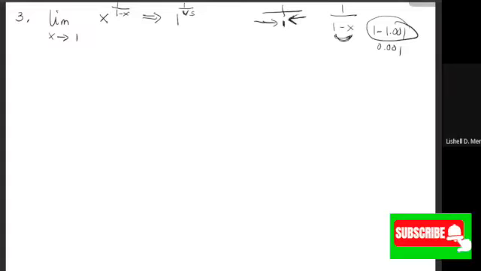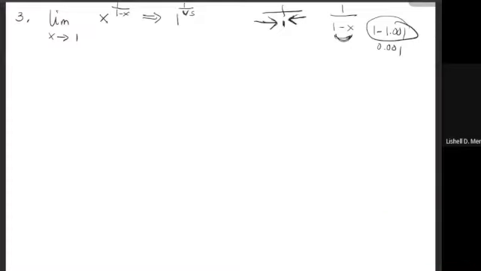When you take the other side, we have a value of, let's say, 0.9999. Still, it approaches 1, but from the left. So what's the difference of 1 minus 0.9999? May negative pala yan, but this will take positive values. Di ba, class? 1 minus 0.9999, meaning it approaches the value of 1.